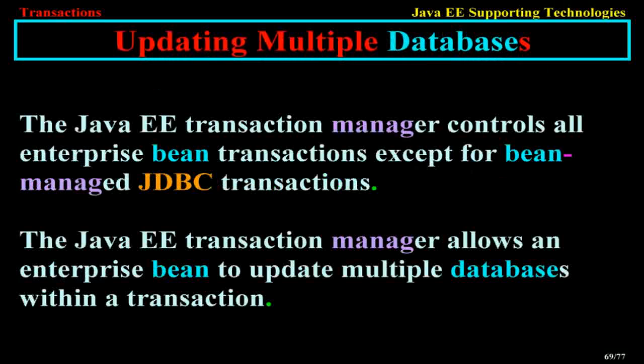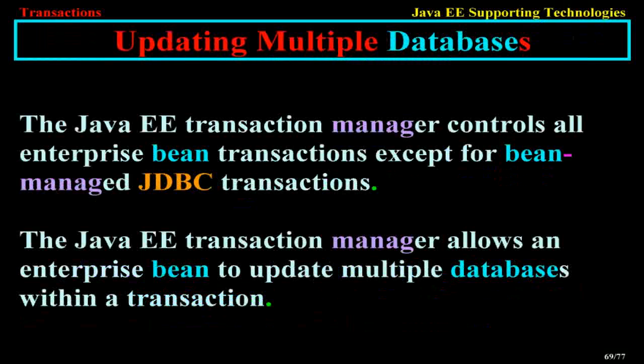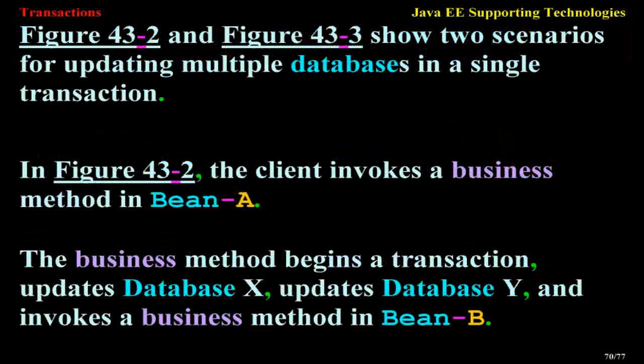Updating multiple databases. The Java EE Transaction Manager controls all enterprise bean transactions except for bean-managed JDBC transactions. The Java EE Transaction Manager allows an enterprise bean to update multiple databases within a transaction. Figure 43-2 and Figure 43-3 show two scenarios for updating multiple databases in a single transaction.